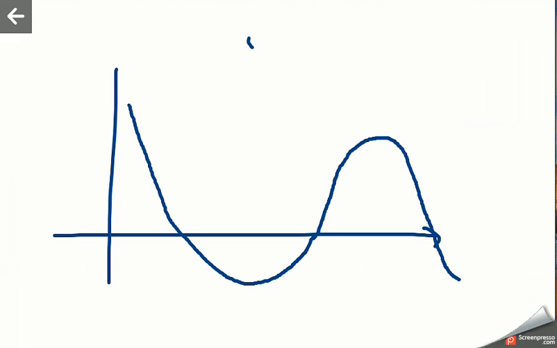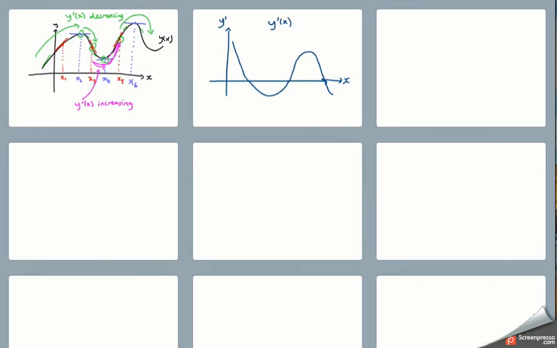So this is what y prime of x looks like. We're going to come back to this graph, so don't discard it yet. That's the x-axis, and this is the y prime axis.